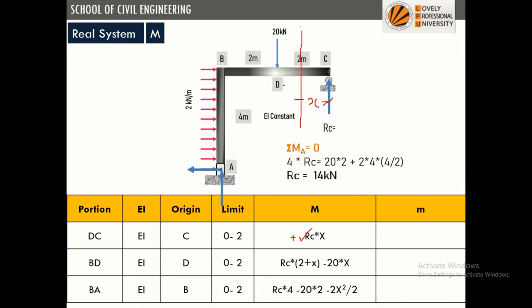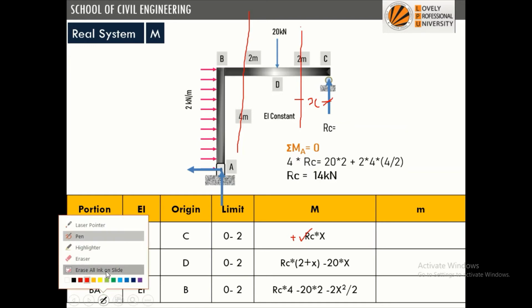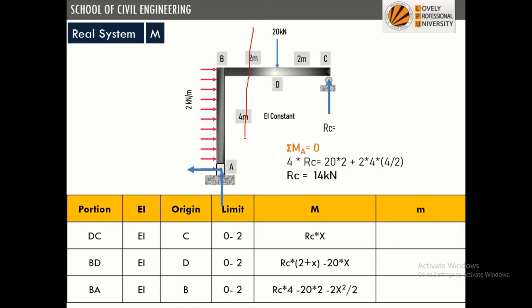Now for the second portion BD, again we'll cut a section and consider the forces on the right hand side, and this time we'll keep the origin at D. So this distance will be 2 and this is X. How will the bending moment equation go?